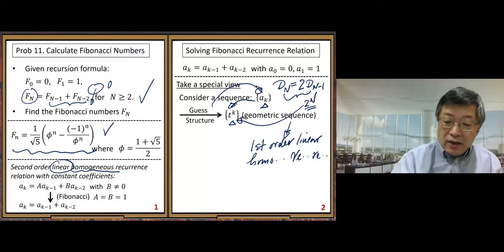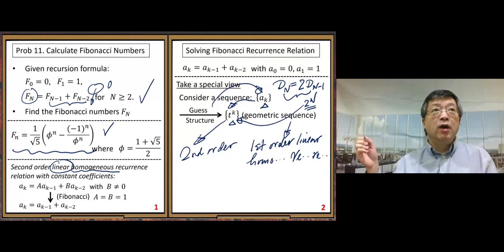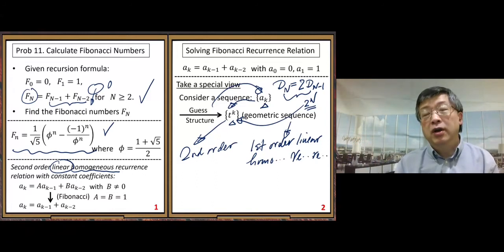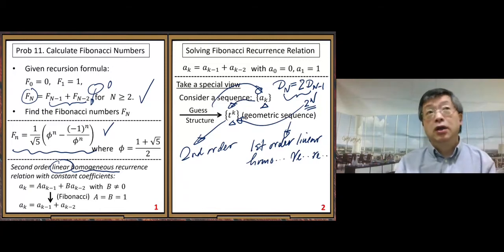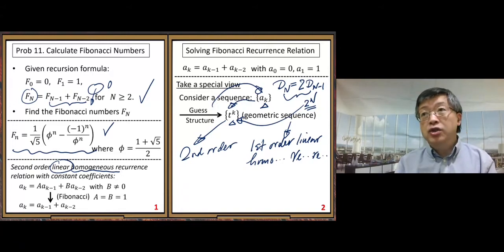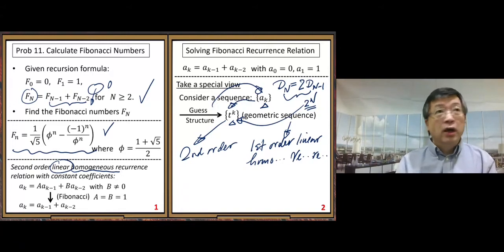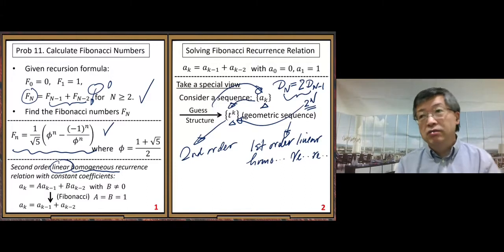But does it work for second order? We know it works for first order, but we don't know if it works for second order, right? We can try it. At least the first time, when we have no information, can we try something that works for a lower order recurrence relation?